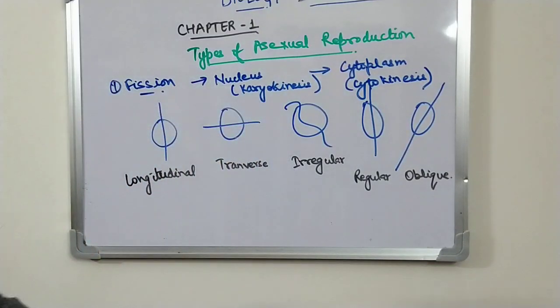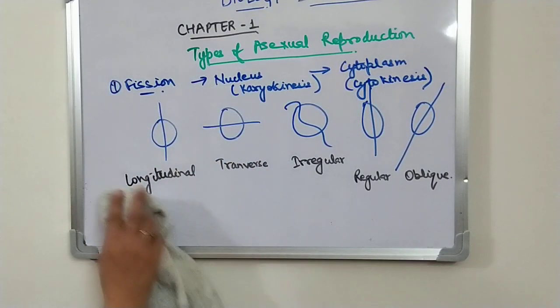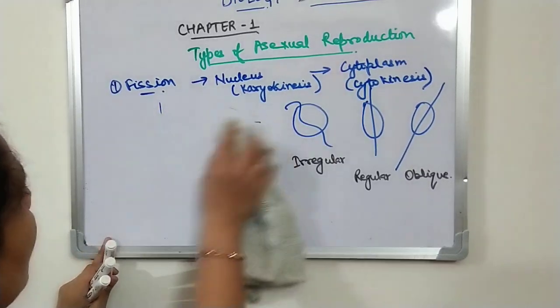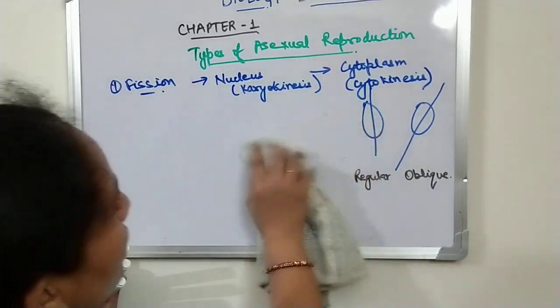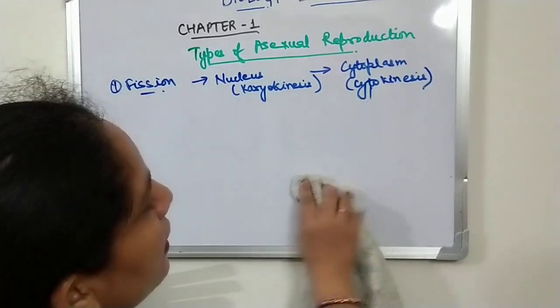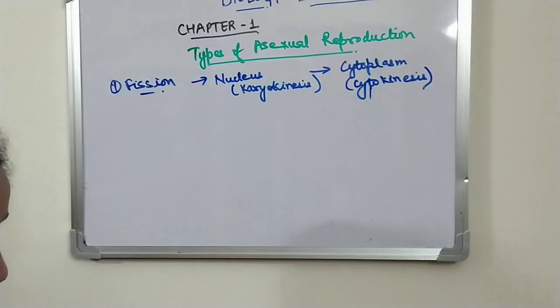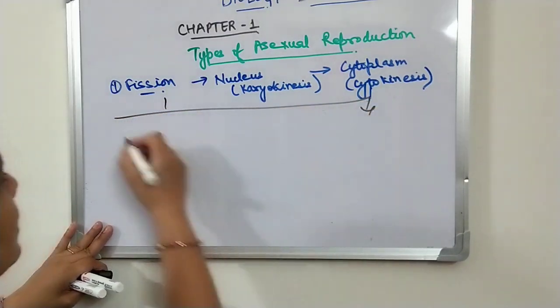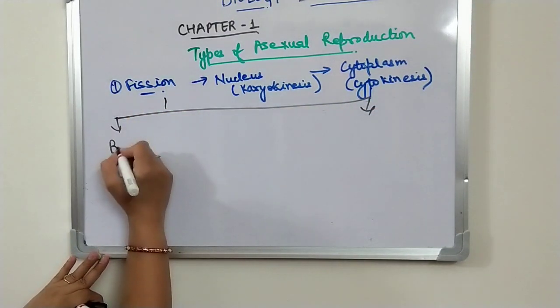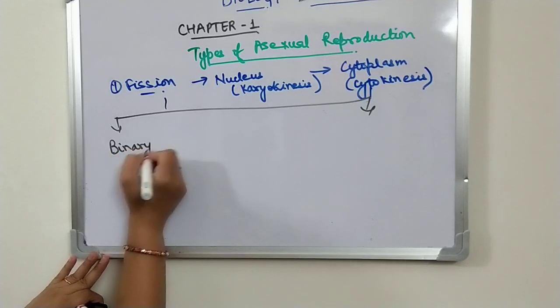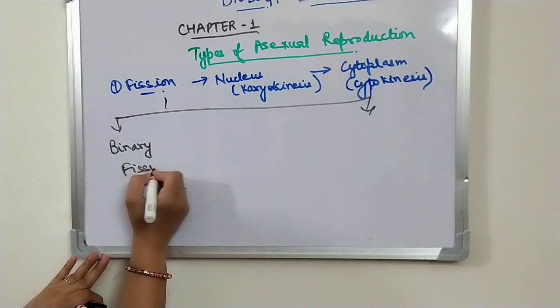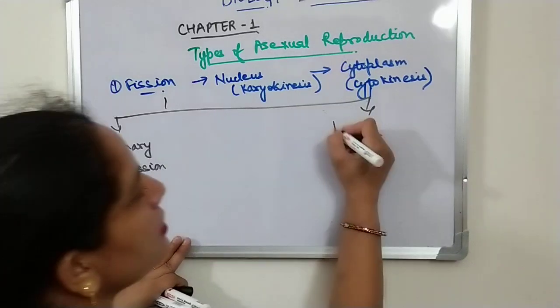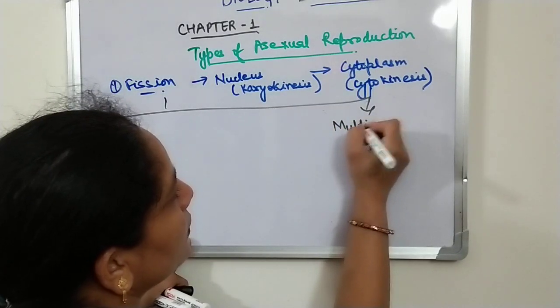Now moving on to the next type, basically depending upon how many daughter cells are formed, it can be divided into two subtypes. The first is known as binary fission and the second is known as multiple fission.